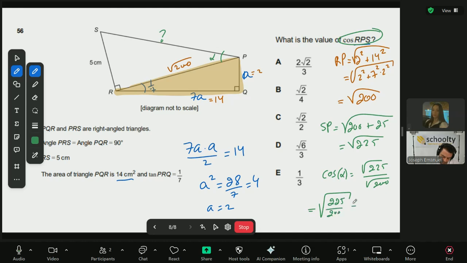The square root of 225 is 15. So how much is it? 200 divided by 25 is 8, I guess. And here you have 9.